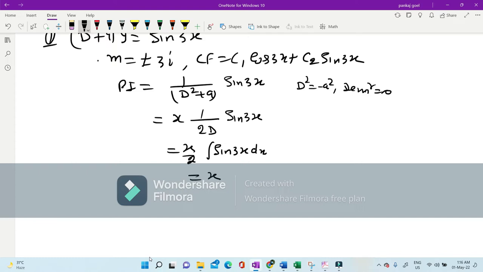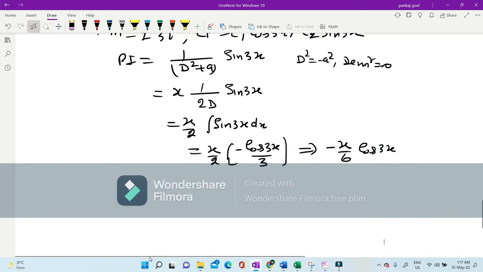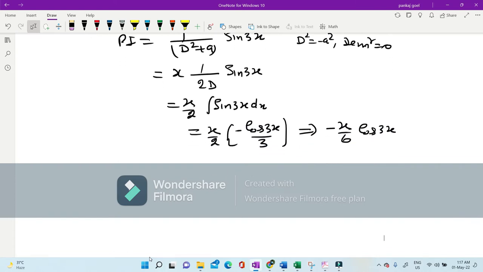So the answer is x by 2 times integration of sine 3x, that is cosine of 3x upon 3. So PI will be equal to minus x upon 6 cos of 3x. So in any case, any rule in future, if the denominator is 0, we will always differentiate the denominator and multiply by x. The rule will be the same as rule number 1.